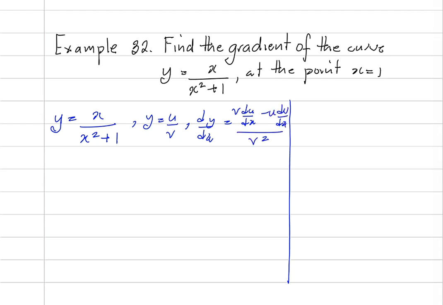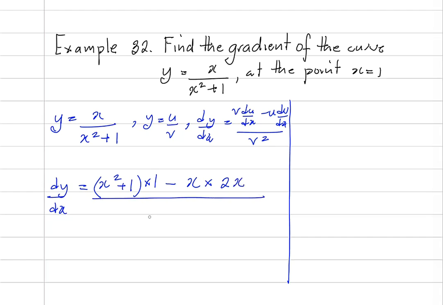So let's apply that. dy by dx would be equal to v, the denominator, so that's x squared plus 1, multiplied by du, the differential of the numerator, which is 1, minus u, the numerator x, multiplied by the differential of the denominator, which is 2x, and this is all over the square of the denominator, which is x squared plus 1 all squared.